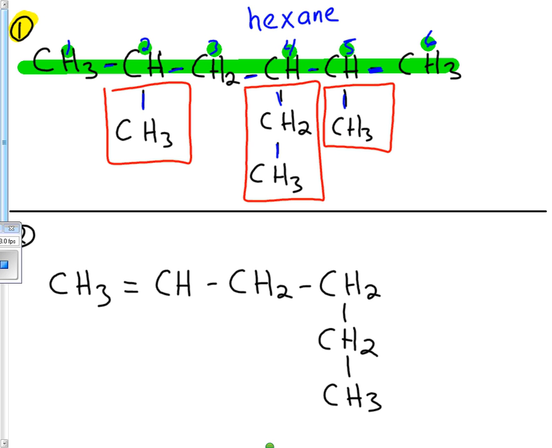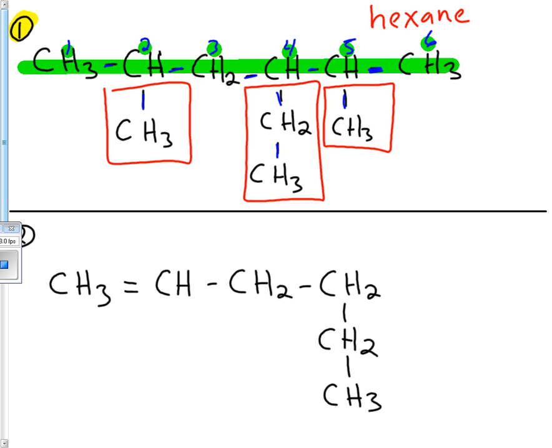You can call these the kids, as Ms. Pito and I have given that example. The kids always come before the parent. Of course, the parent name was our hexane. That was our parent name. Go ahead and erase that now. So our hexane, that was our parent chain once again.